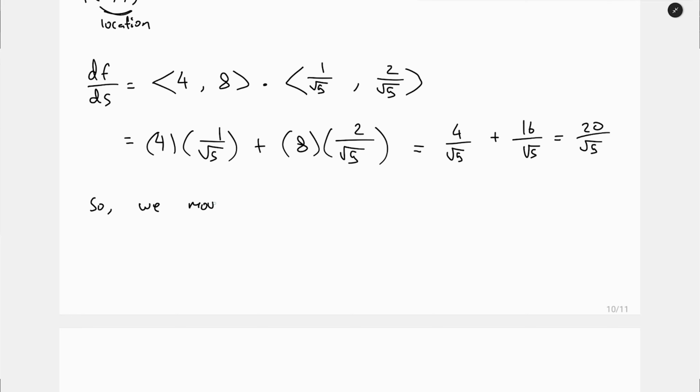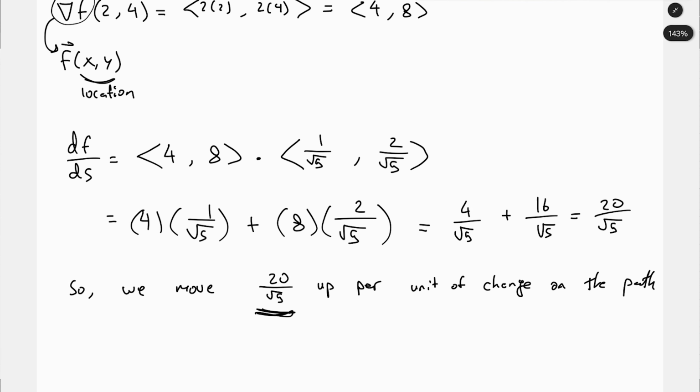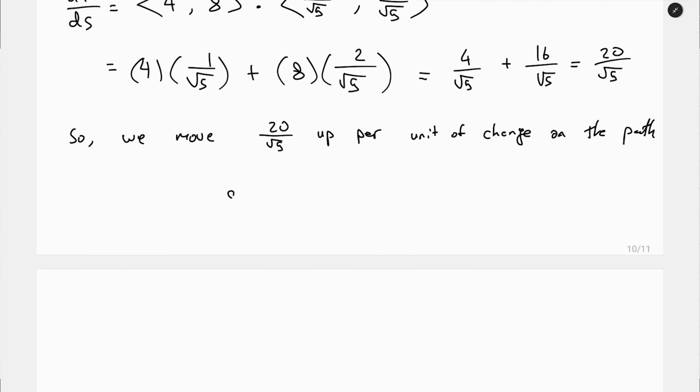We move 20 divided by root 5 up per small unit of change on the path. So this is just a number, 8.944.